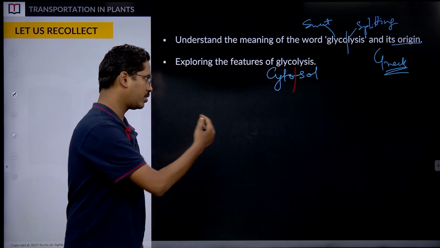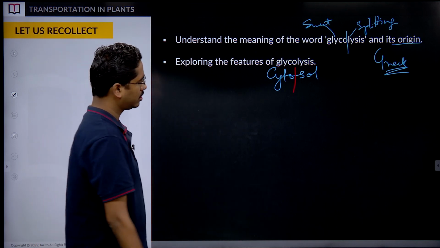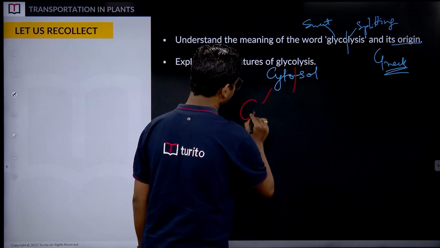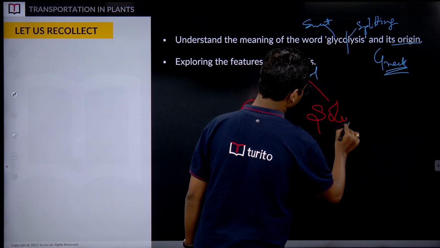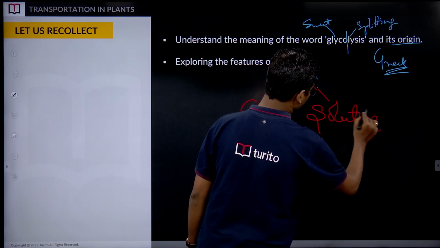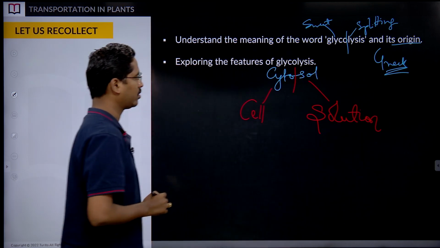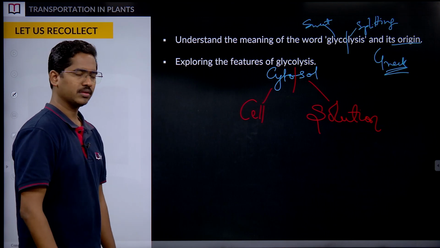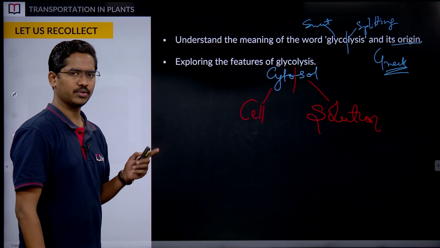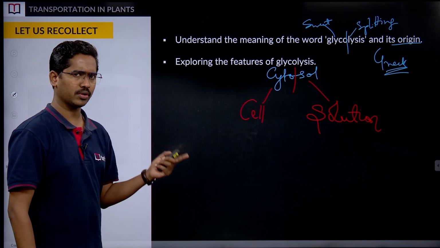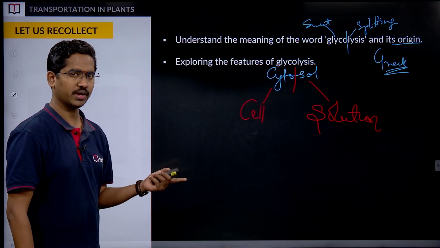If you split that particular word cytosol, we will understand that cyto refers to cell, and sol refers to solution. So, cell solution. Do you know how we got to that cytosol? Do you remember what we have done?